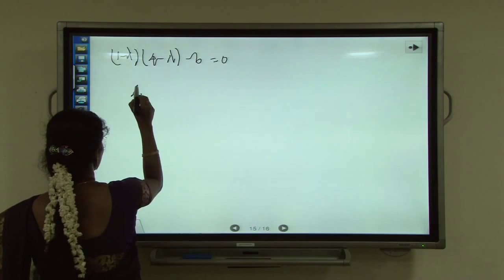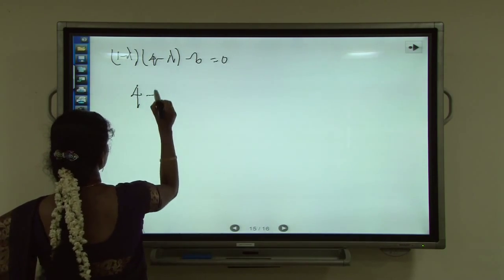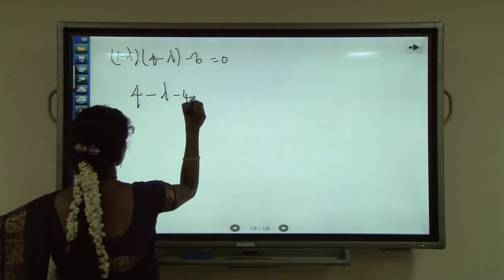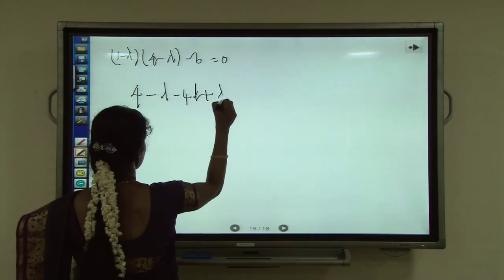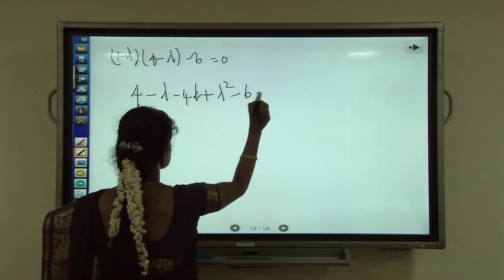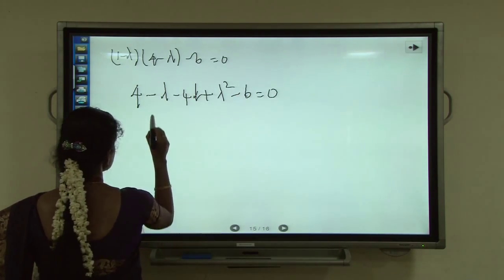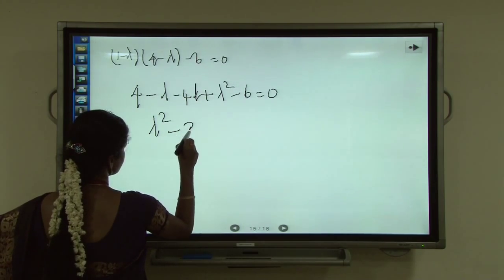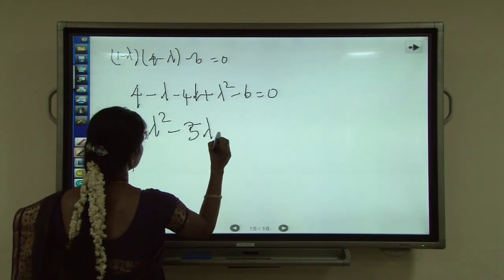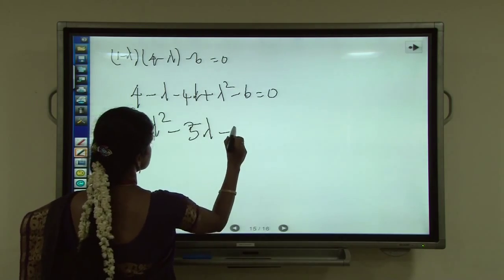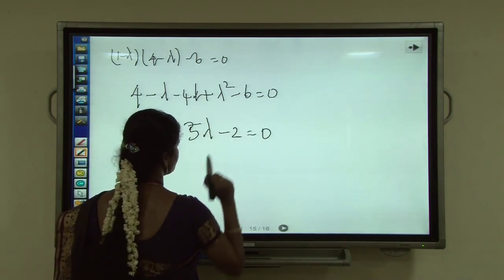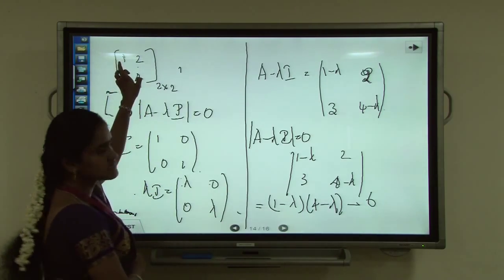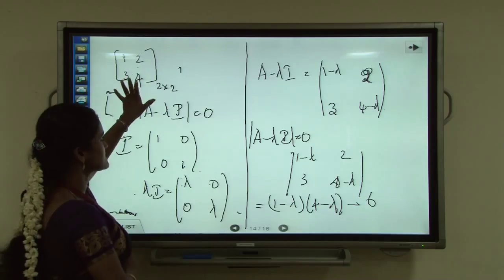When you multiply, it is 4 minus lambda minus 4 lambda plus lambda square minus 6 is equal to 0. Or in turn you can put it in order: lambda square minus 5 lambda minus 2 is equal to 0. Now we get the characteristic equation of the matrix with entries 1, 2, 3, 4.